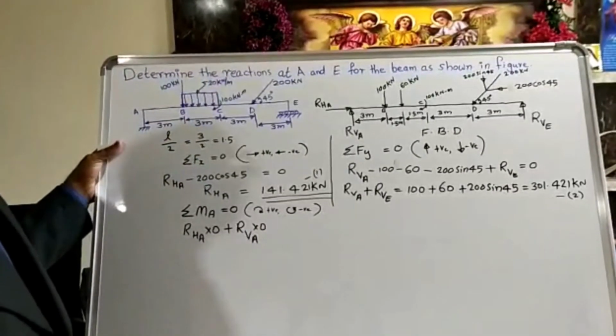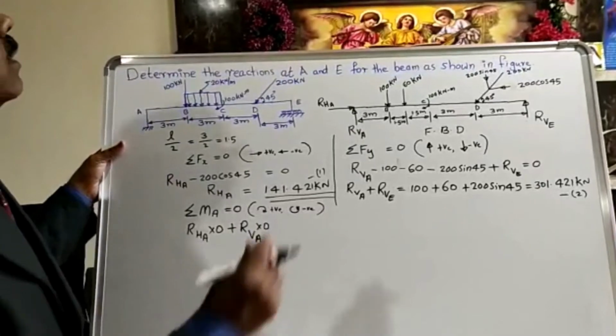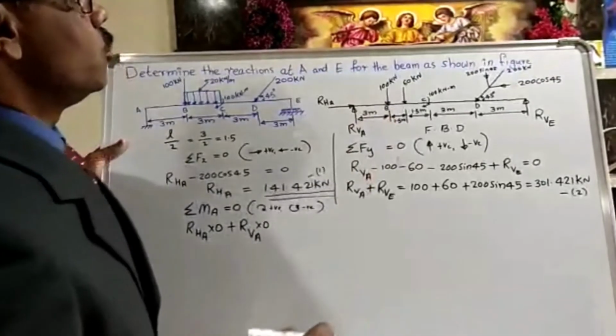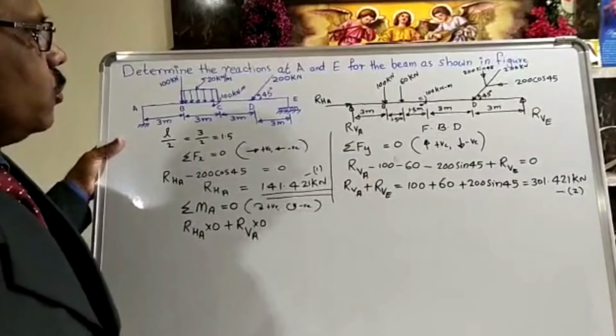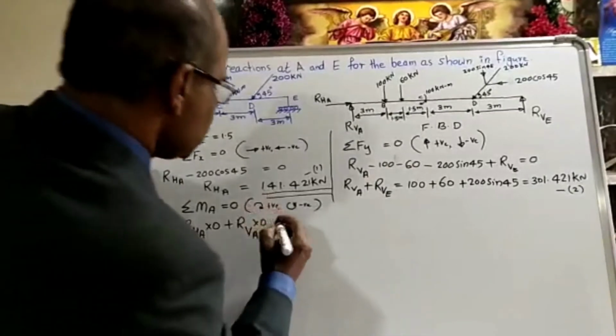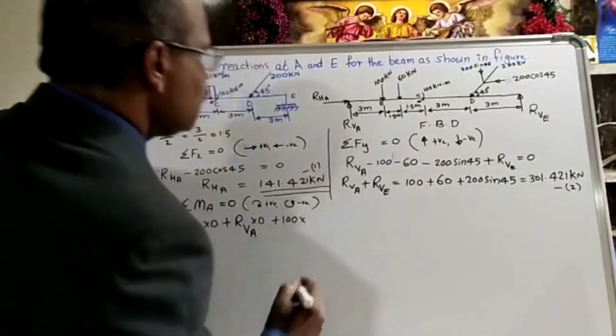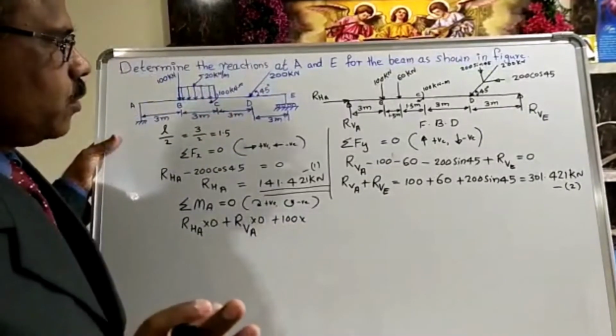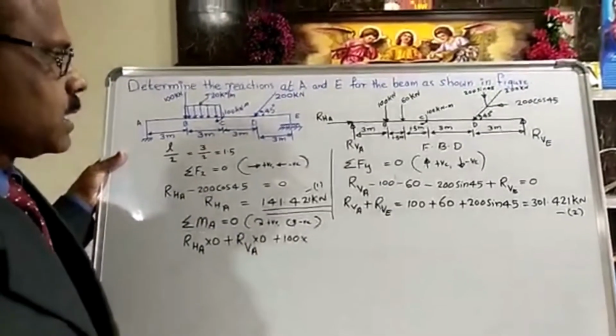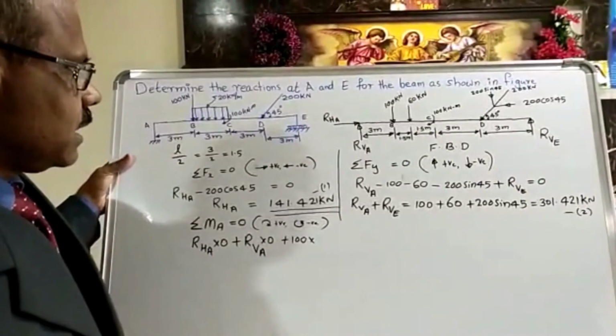Now we are having 100 kilonewton. The effect is clockwise only, so it will be positive 100. What is moment? Moment means force into perpendicular distance. What is the perpendicular distance here? It is 3.